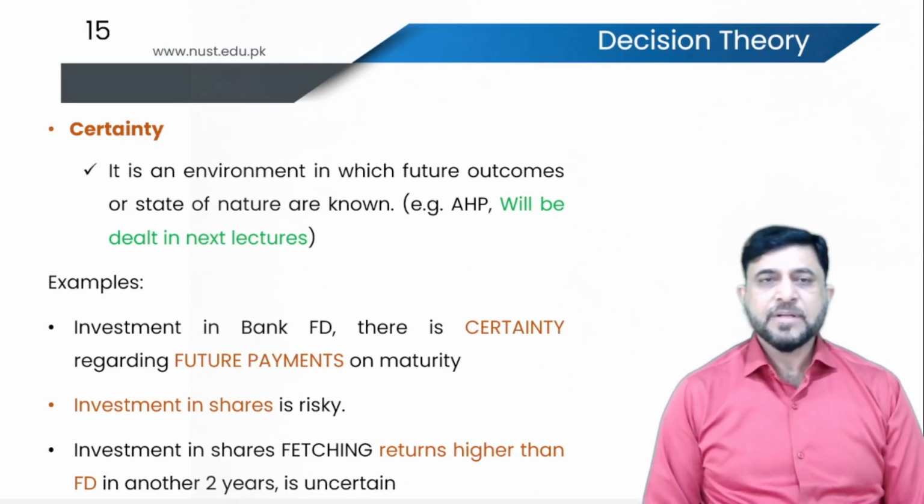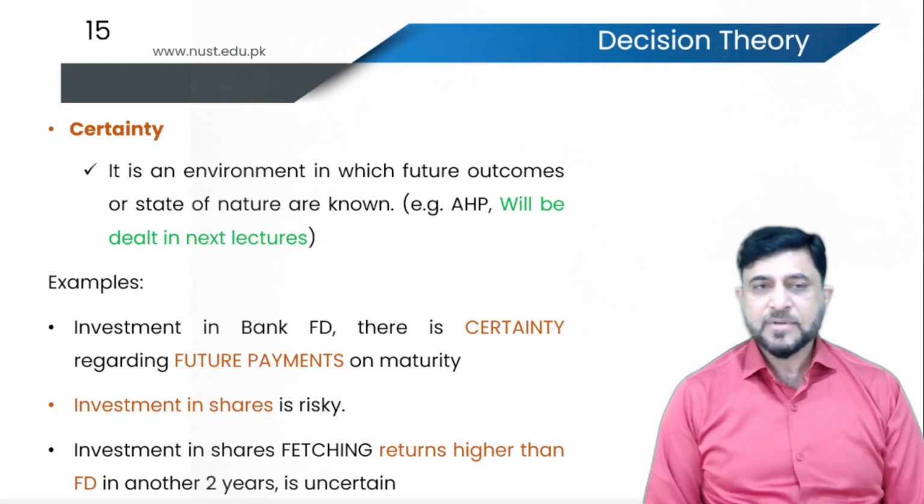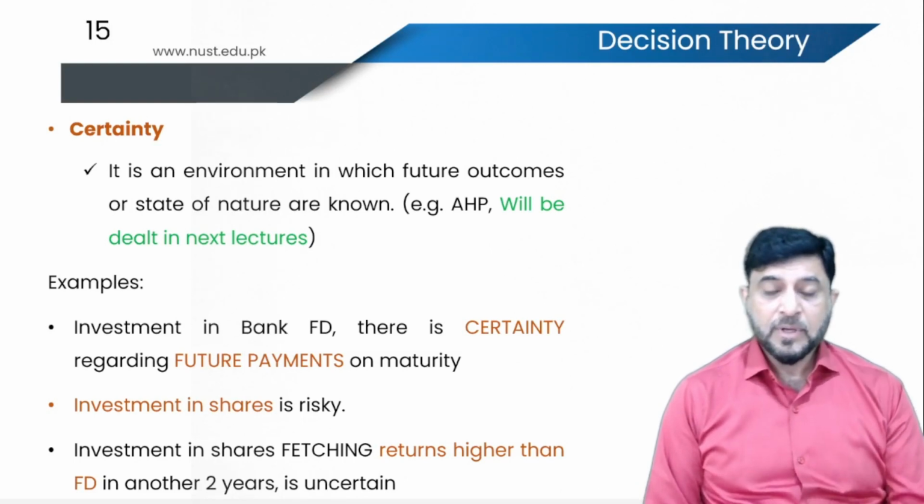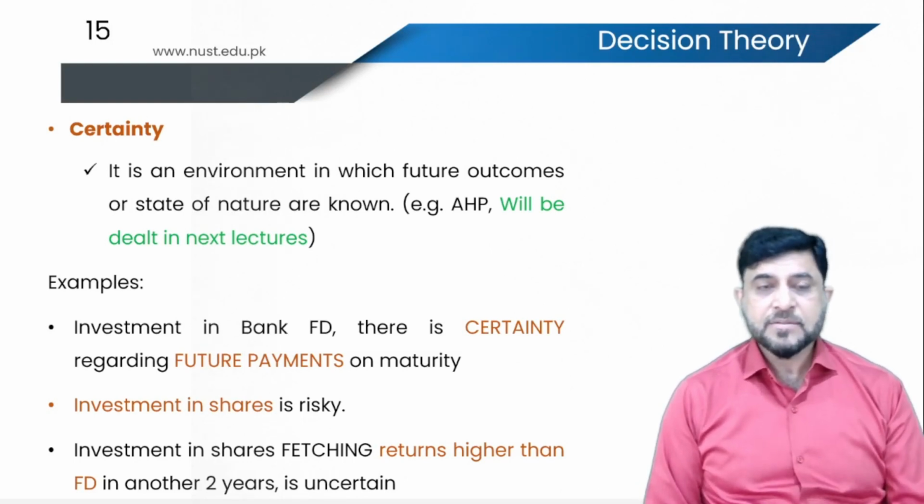And when investing in shares, you are having a risky environment because you are unsure. Investment in shares fetches returns higher than fixed deposit, basically you are gambling now. Okay, in other 2 years it is uncertain. You are not certain in the next 2 years whether we are alive or what will be the market conditions. So these are uncertain conditions. So these are 3 examples of uncertainty, certainty, and the risk.